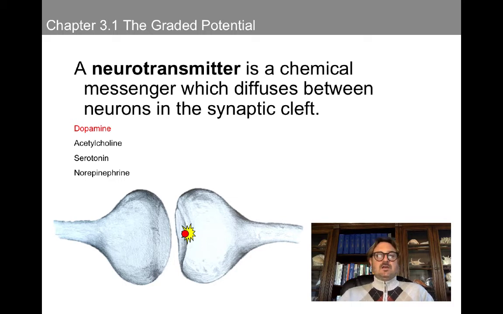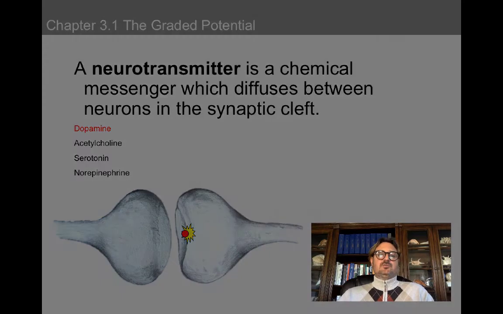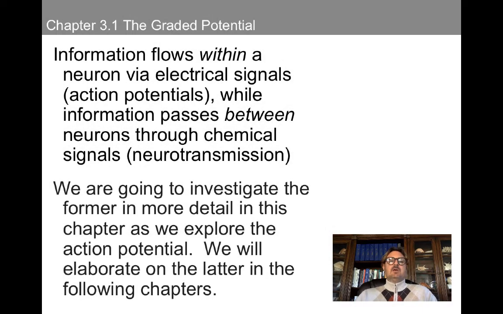We have cations, which are positively charged, and anions, which are negatively charged. If just one ion is let in, it's not going to make a world of difference. But when you have symphonies of these, the combined change in polarity can actually lead to something as significant as an action potential, which we just discussed.